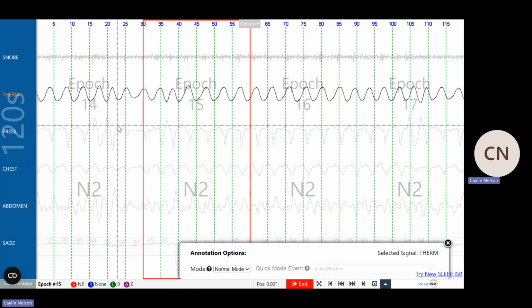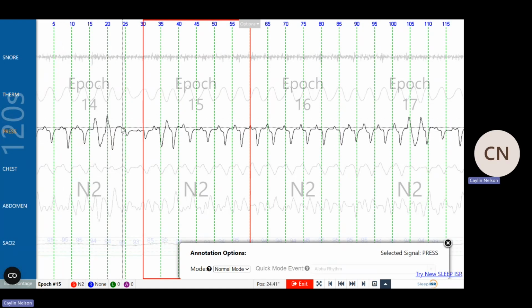But when we're looking specifically to score any hypopneas, we're going to look specifically in this pressure channel. So according to your AASM, hypopnea is scored in your pressure channel when there's a 30% amplitude reduction in the airflow, depending on the pressure.